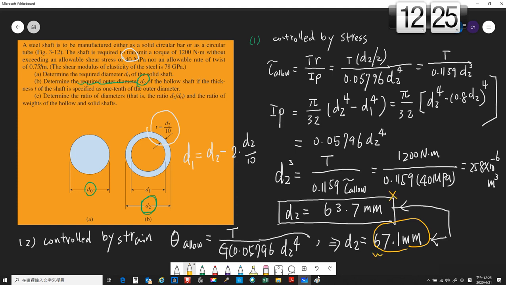The fracture should be at 67. So this is our design value. That is a kind of requirement. So we choose 67.1 as our answer.